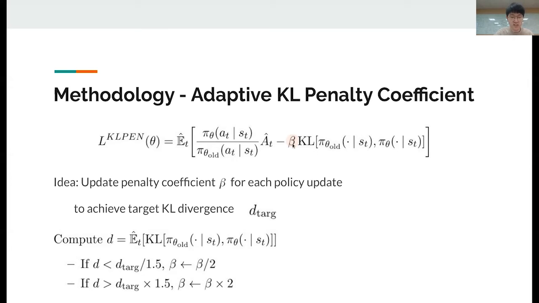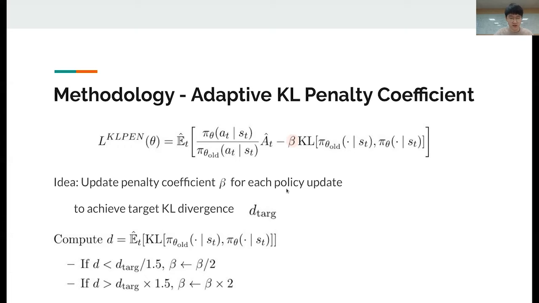As we have a large beta value, the KL penalty's influence on the loss function gets large. We are trying to maximize this loss, and the loss gets large when KL is small. Therefore, a large beta value leads to small KL and vice versa. Therefore, when KL gets too large, we will make the beta value large and vice versa.